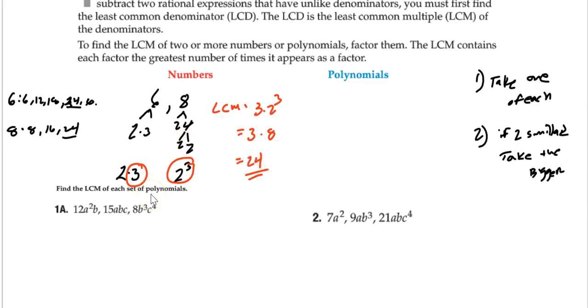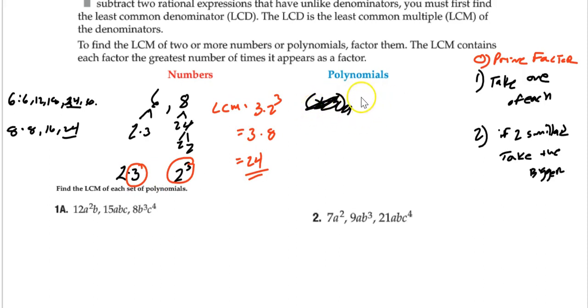Once you prime factor it, which is kind of an important deal, then you take one of each, and if there's two of the same, take the higher one. The same rule applies with polynomials.